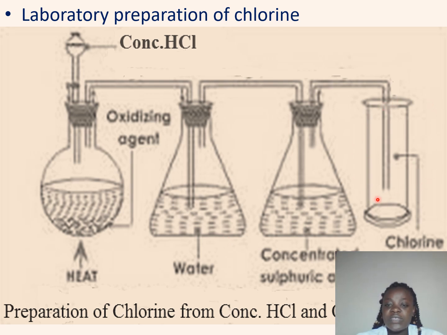Then we are also going to see the reason why we collect chlorine gas by the downward delivery method. So this is a general setup that we can use to react hydrochloric acid with any of the 4 oxidizing agents.